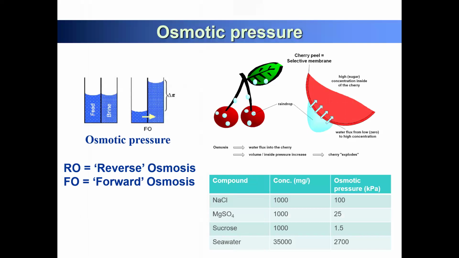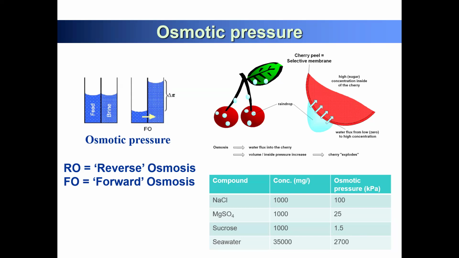So let's think first about osmotic pressure. We already briefly mentioned this one. So osmotic pressure is: you have feed water brine here, and you have pure water. And because of the concentration difference, the membrane is here, and your water molecules pass through to the high concentration brine side, and then you increase the overall volume.